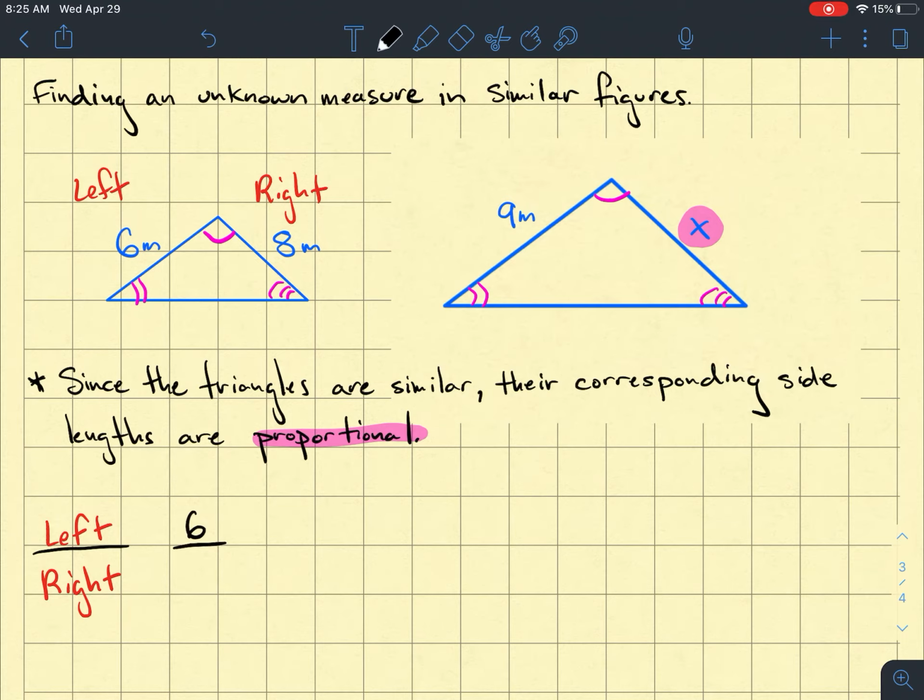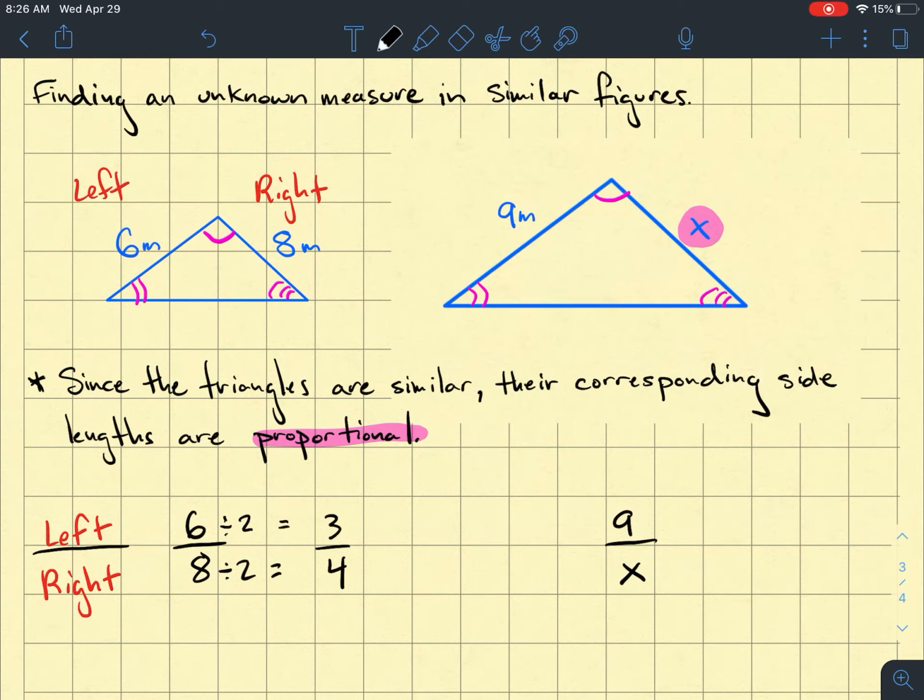It's going to be 6/8. And what about the other triangle? The other one has 9/x. We'll come back to this one in a second, but let's focus our attention on this 6/8. What can I do to that 6/8 to make it a little easier to do some math with? If I divide both by 2, I can reduce it down to 3/4.